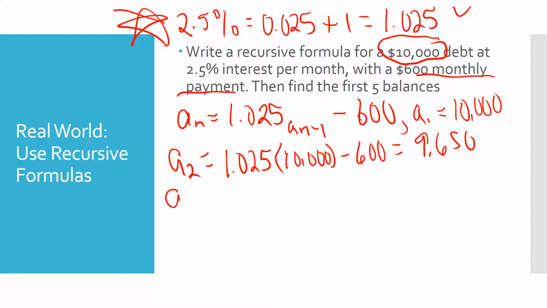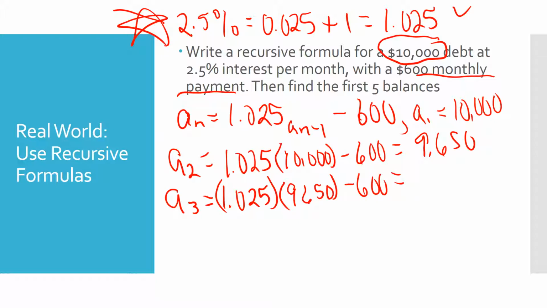All right, so A3 then is going to be 1.025, that's 2.5% interest per month, times 9,650. And we're going to make another $600 payment at the end of the second month.